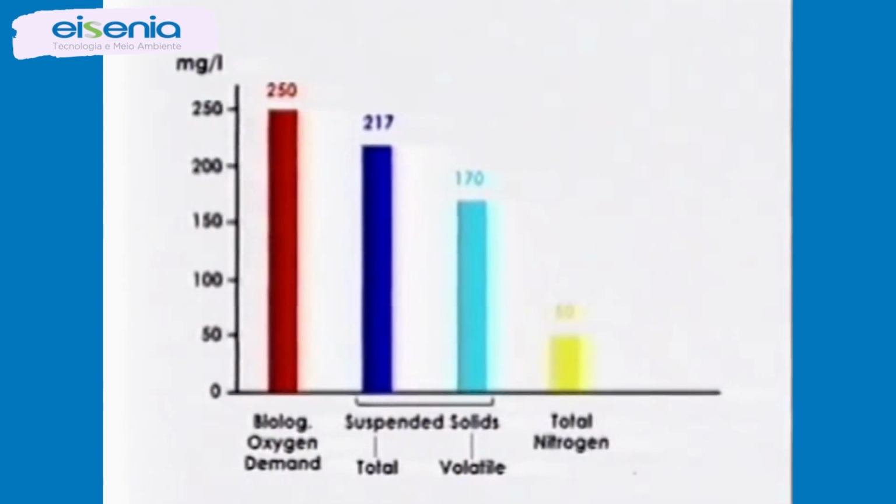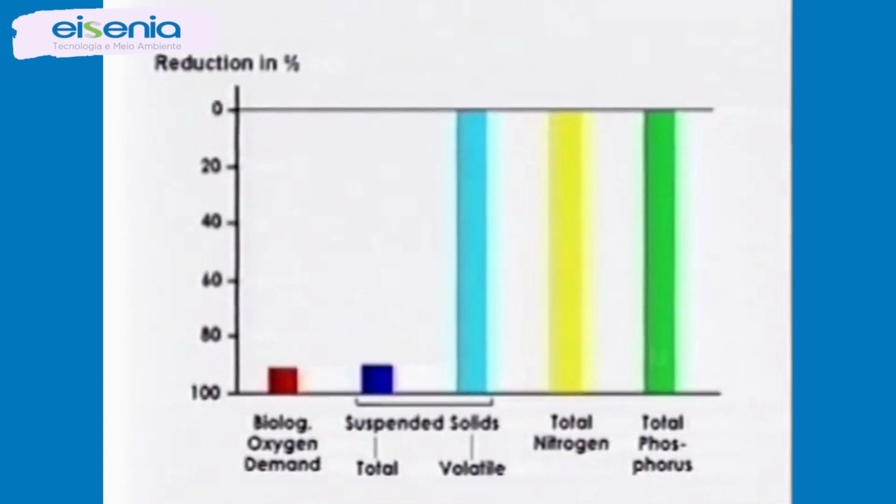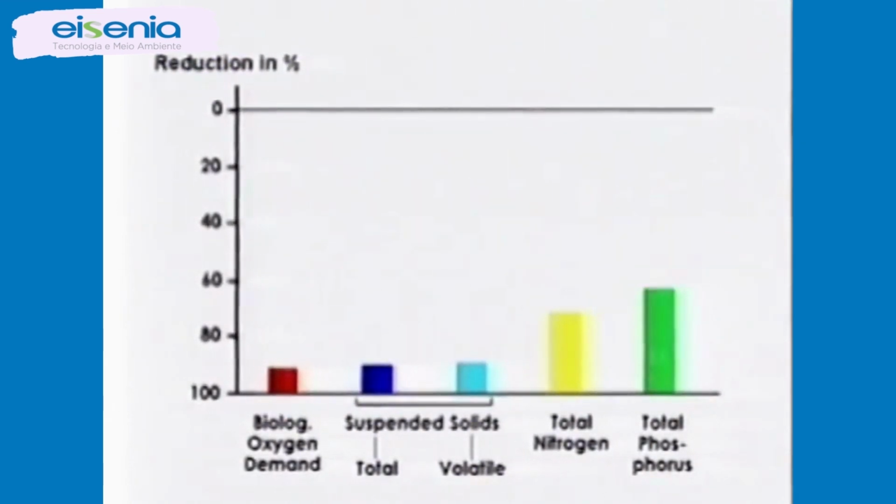Finally, we measure total nitrogen and phosphorus. High concentrations of them lead to algae blooms and oxygen depletion. All these parameters for measuring water pollution are reduced dramatically by the Tohá system, between 62 and 91%.